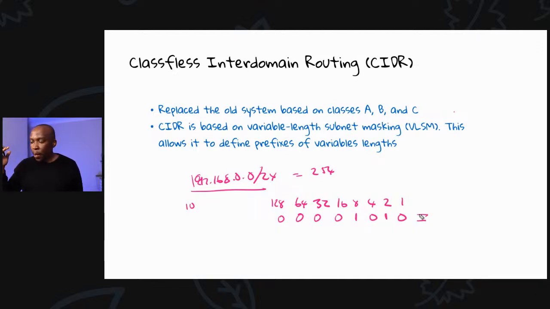So in this case, if I went to the internet company, they would then give me a /28. So they'll give me 192.168.0.0/28.